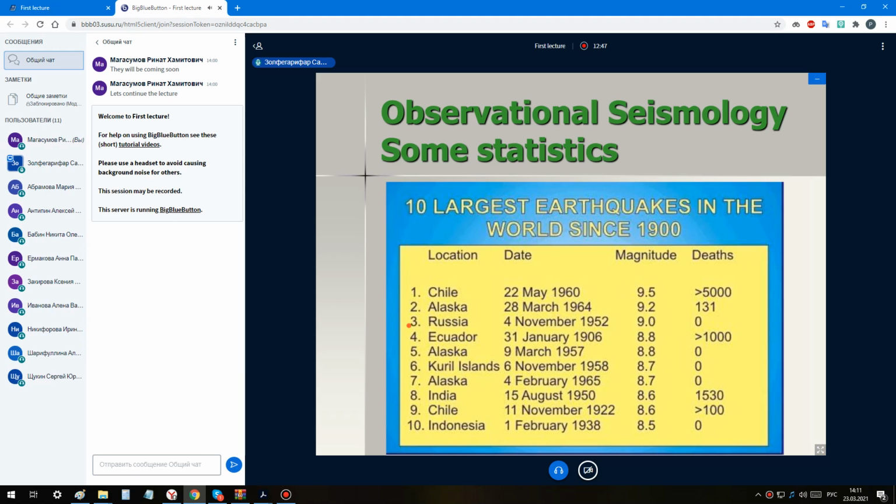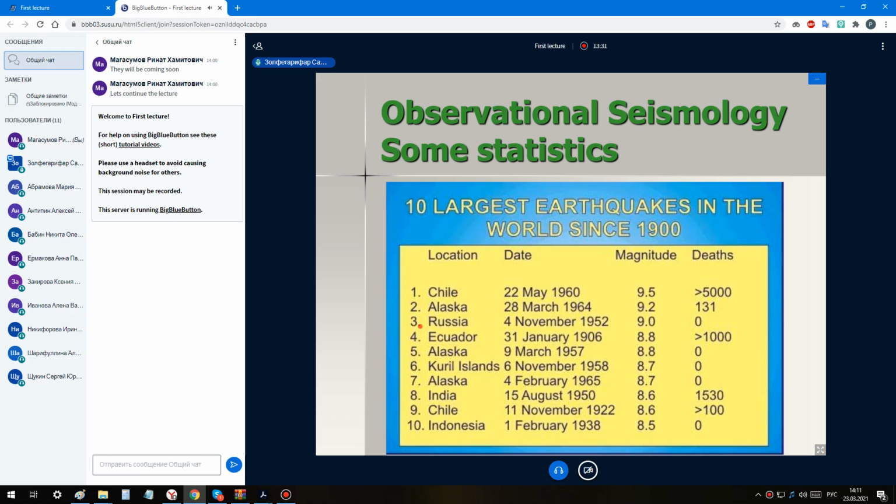And the third one, so a little familiar for you, occurred in Russia on 4 November 1952. The magnitude was 9 and nobody died. Etc. Number 10 occurred in Indonesia on 1 February 1938 with magnitude 8.5 and nobody died.